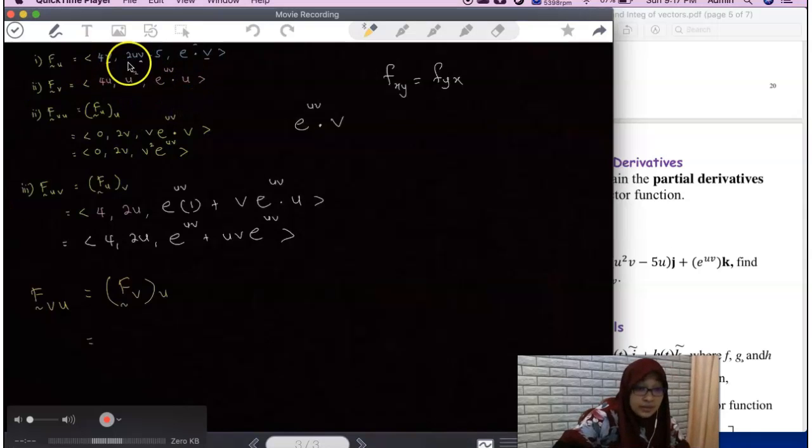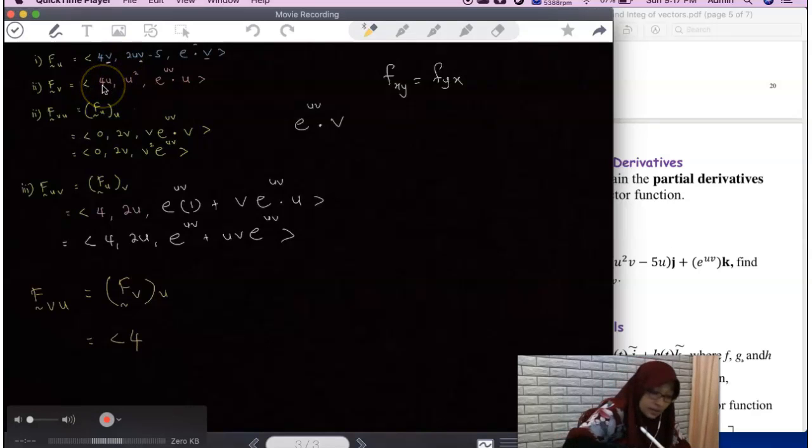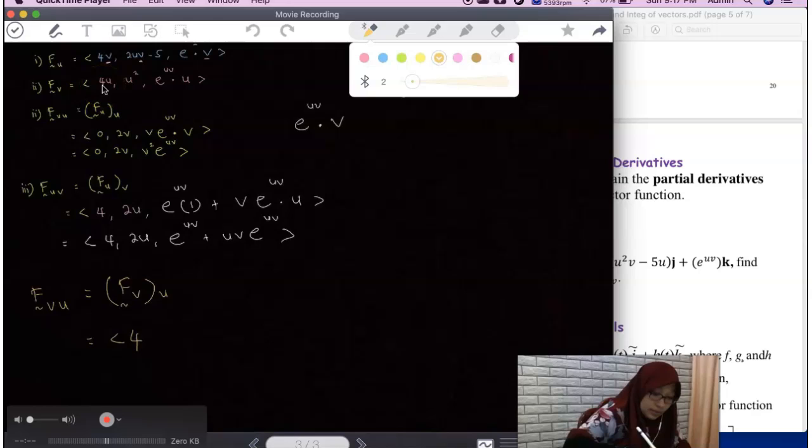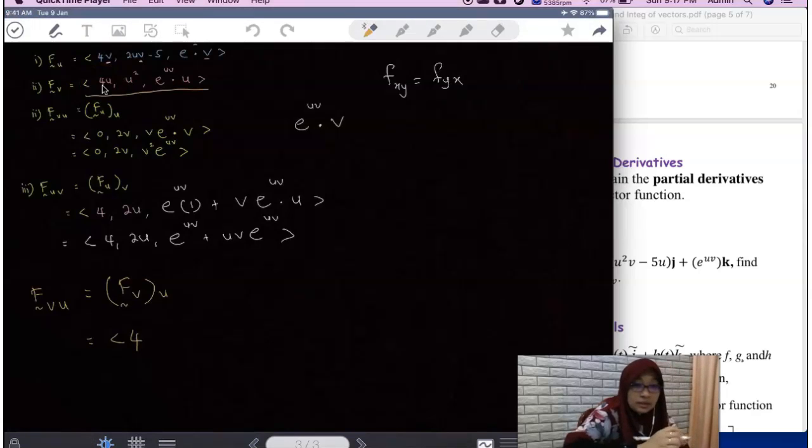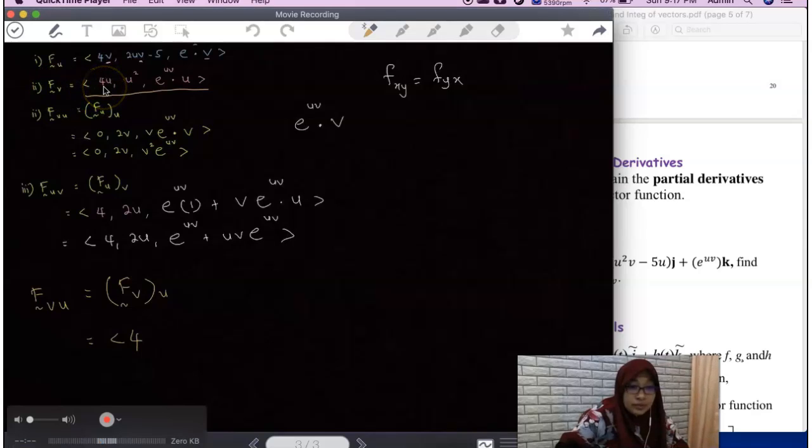This one. Using this, we differentiate with respect to u. So you got 4. Just look here. Now you have v, this one. Differentiate with respect to u, you got 4, so you got 2u.